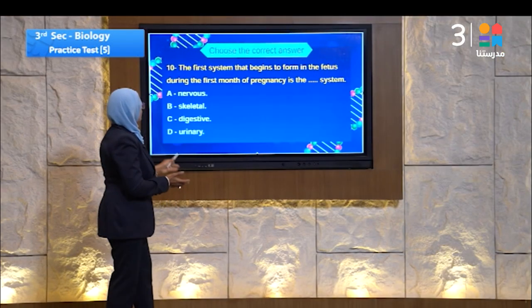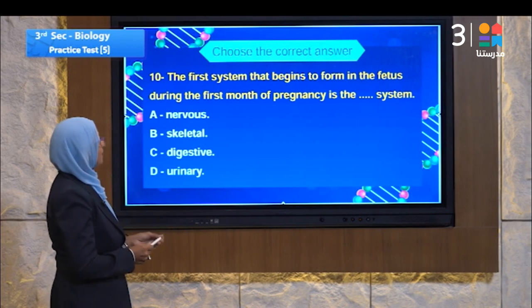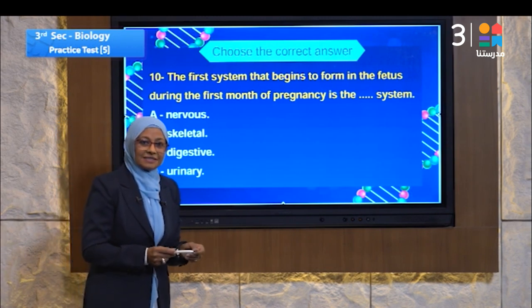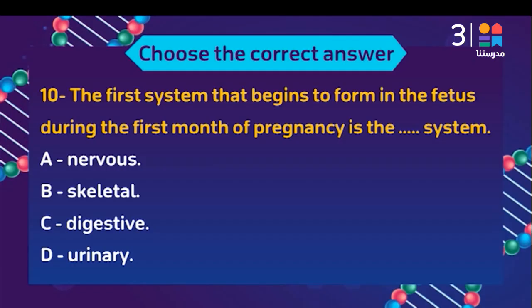Let's go to question number 10. Question number 10 speaks about the fetus, reproduction again. Fetus here means the human fetus. Let's read it. The first system that began to form in the fetus, developed inside the uterus.